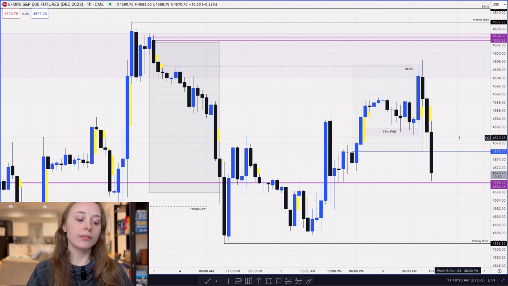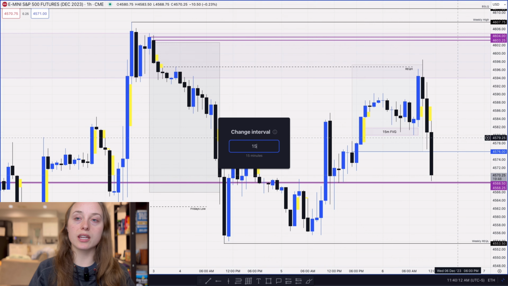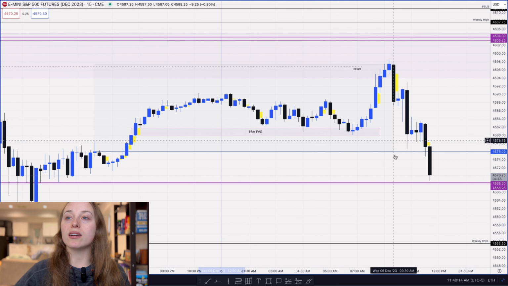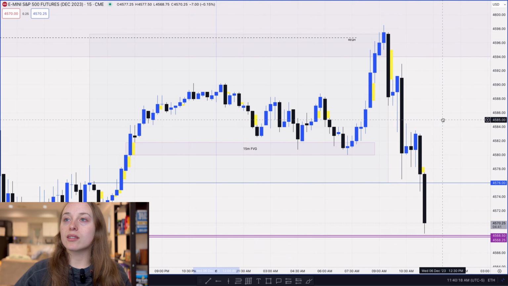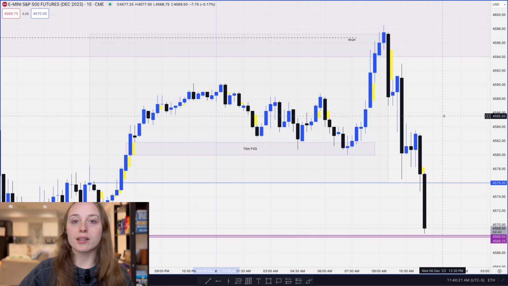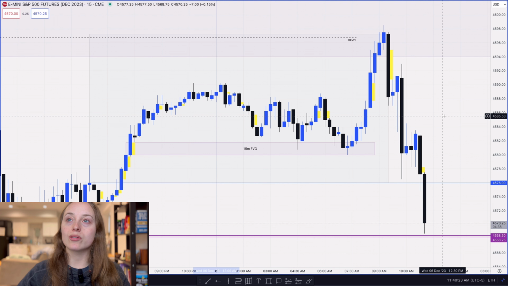So let's jump down to the 15. Again, when we're talking about higher time frames, it's always good to look at the higher time frames, as we want to see the higher time frames in confluence with our analysis.